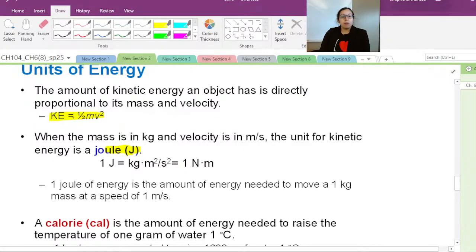Looking at 1/2 mv squared, this is physics world. Mass is in kilograms, velocity is meters per second, and if we plug that into this formula, we get kilograms times meters squared over seconds squared, and that is equal to a Newton meter or a joule. So a joule is kilograms meters squared over seconds squared. That could be useful if you ever get lost and need to figure out what a joule is.